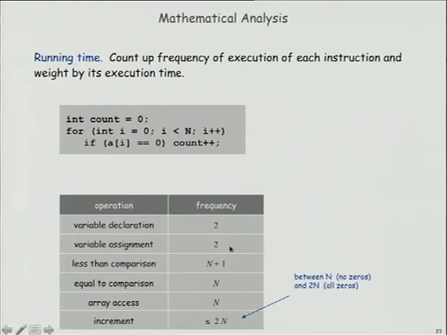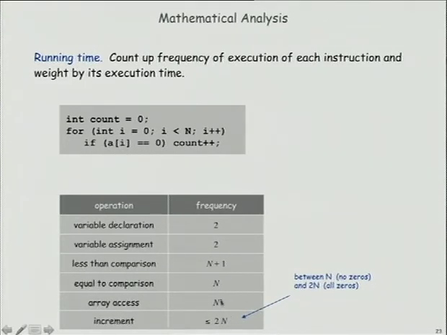I have an assignment over there, and an assignment over there, so I do 2 of them. Then I have this less than comparison, and I do this, of course, n plus 1 times: n times for the loop, and then one more time to realize I should not do the loop. The equal comparison, I will do n times since there are n elements in the array. The array access, of course, happens every time I want to compare to 0.